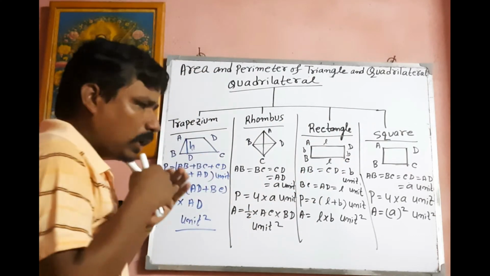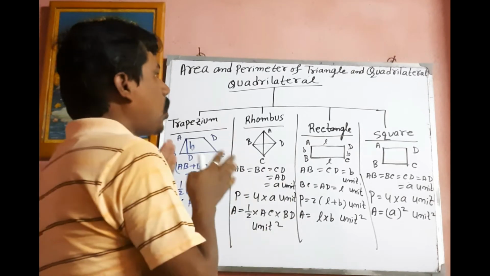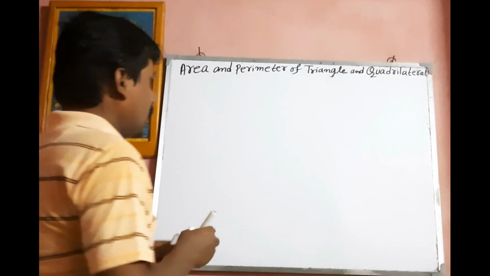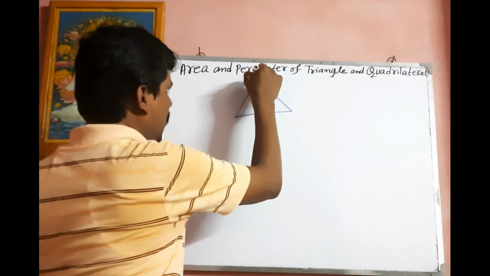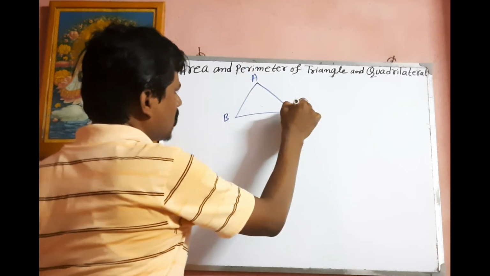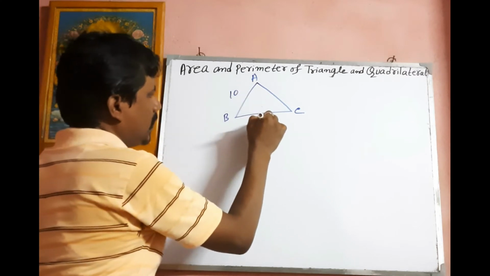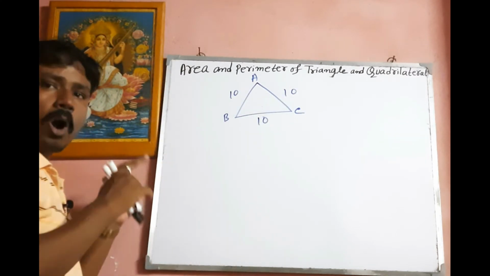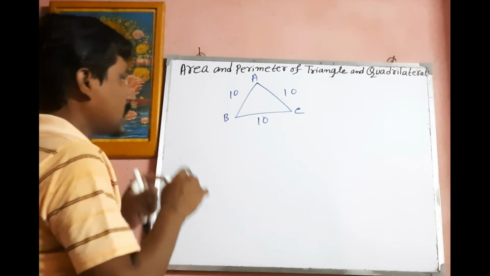Now we move to the next part, the example section of triangles and quadrilaterals. Suppose equilateral triangle ABC is given and each side is equal to 10 unit. Then find the area and perimeter of this triangle.